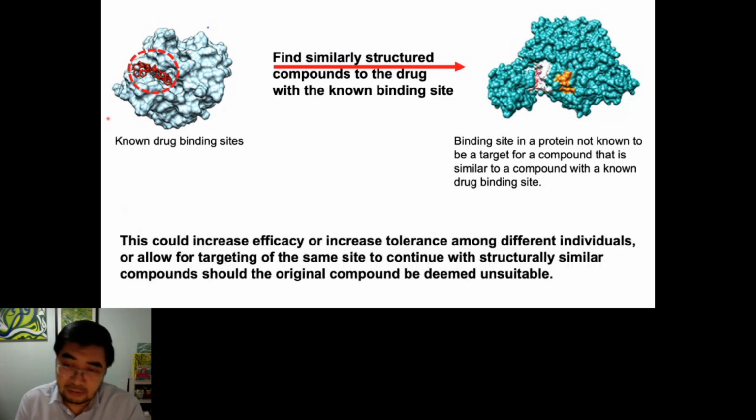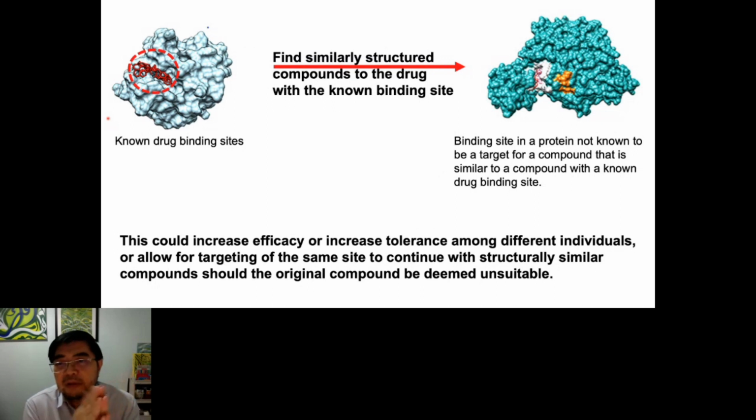We're hoping that there is available literature and evidence that different compounds can increase the efficacy or increase tolerance among different individuals. So this allows for targeting of the same site to continue with structurally similar compounds should the original compound be deemed unsuitable, or in some cases have low tolerance for some patients.